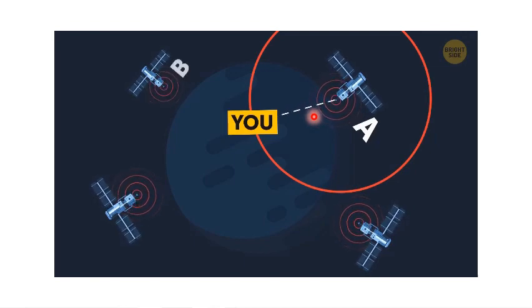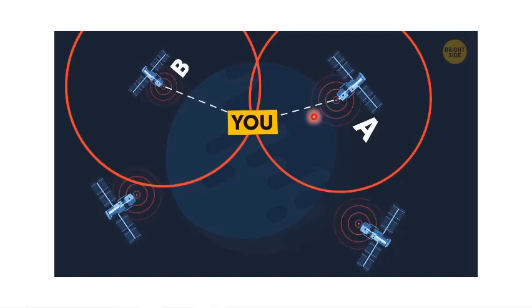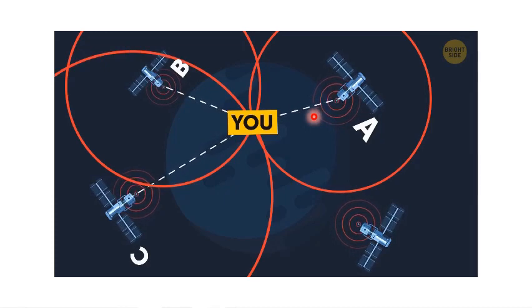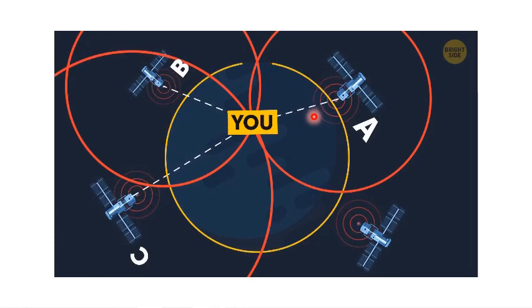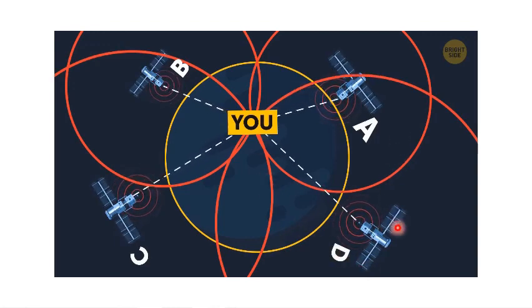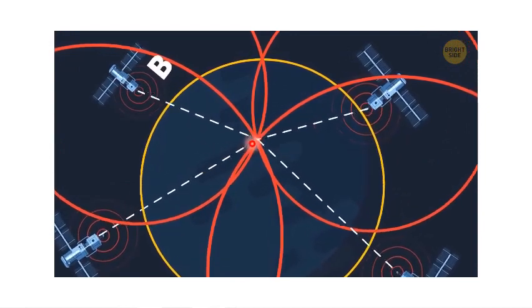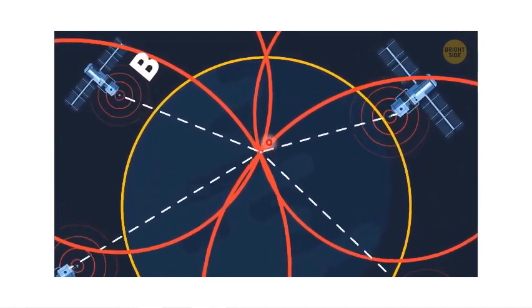Similarly, from satellite B, from satellite C, and now similarly from D. The point of intersection of these gives us our 3D positioning: latitude, longitude, and altitude, all.